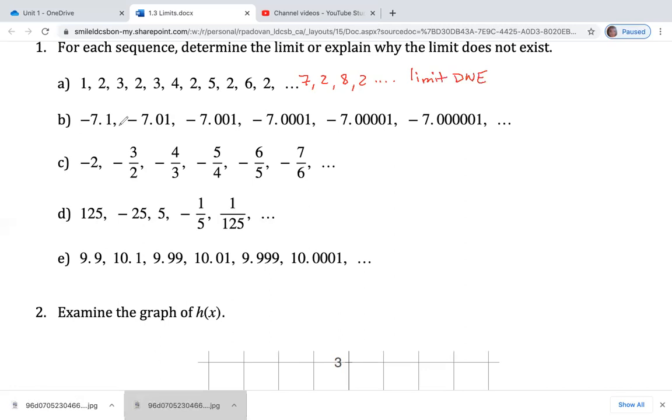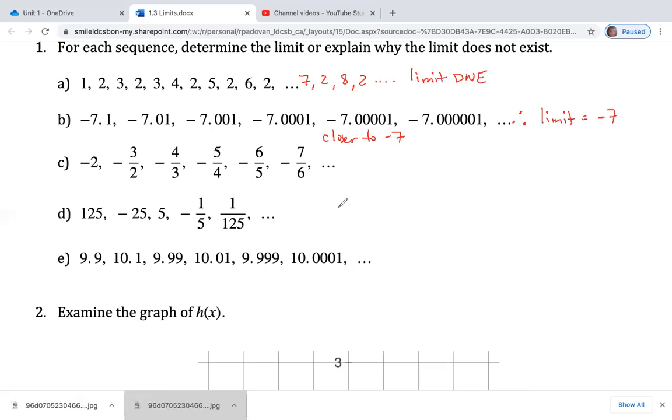It was -7.1, then I'm getting farther away from -7.1, and I'm getting closer and closer to -7. If I keep going, it's going to get closer and closer to the value of -7. So therefore, my limit is equal to -7.